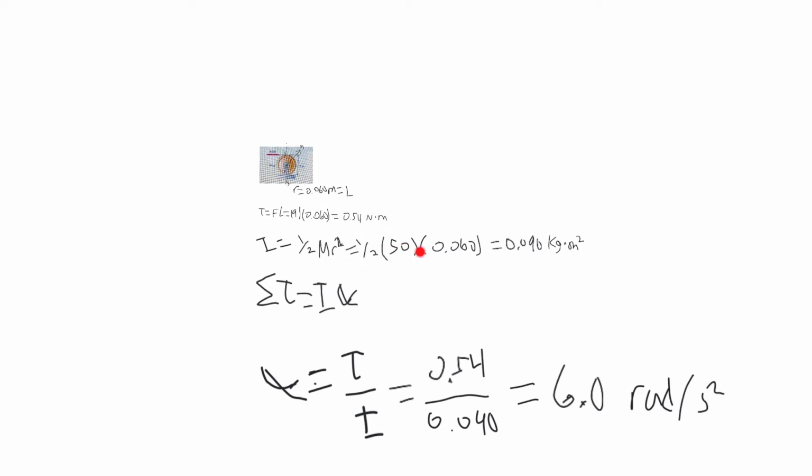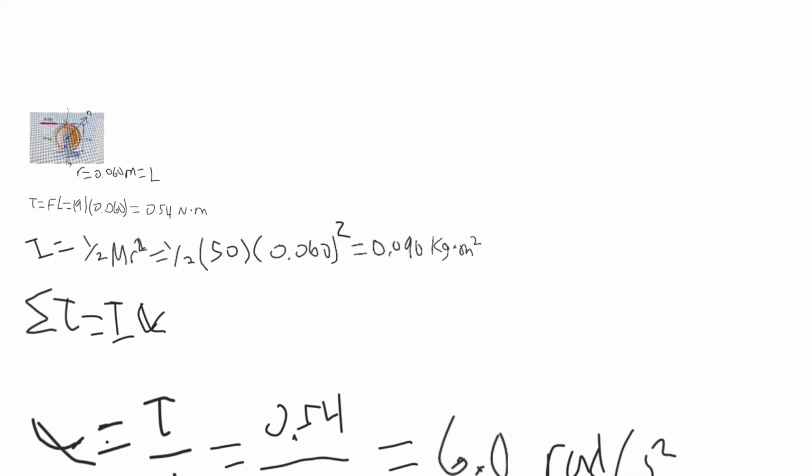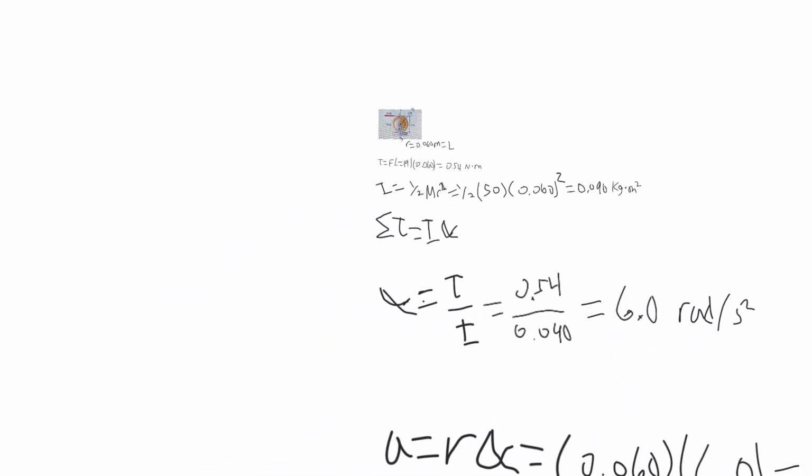And so it's 50, and we have the 0.060, which is the radius, and this is supposed to be squared. Then you do those calculations, and you get 0.090 kilograms meter squared. And that's your moment of inertia.